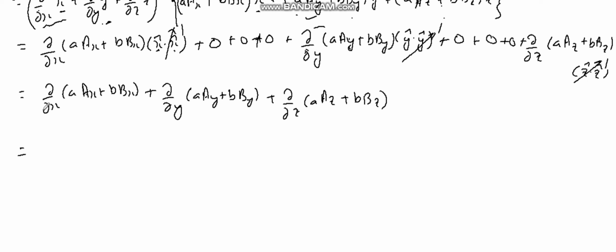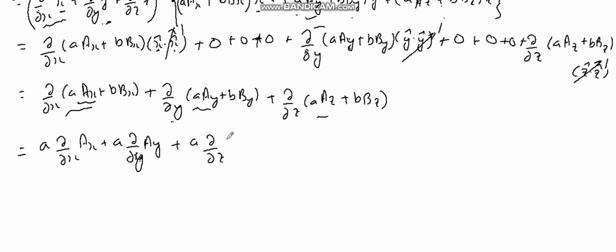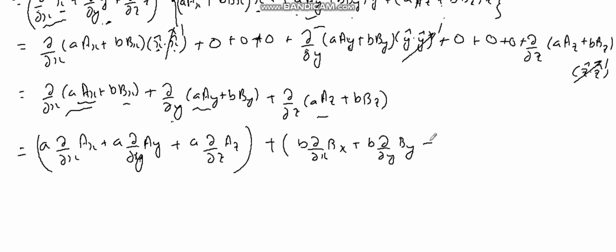Partial derivatives follow the linearity property. So we can write it like this: del by del x of Ax, this is the first term we are taking, and then this term and this term: a times del by del y of Ay, plus a times del by del z of Az. In a similar way we can write for b also: b times del by del x of Bx plus b times del by del y of By, and then b times del by del z of Bz.